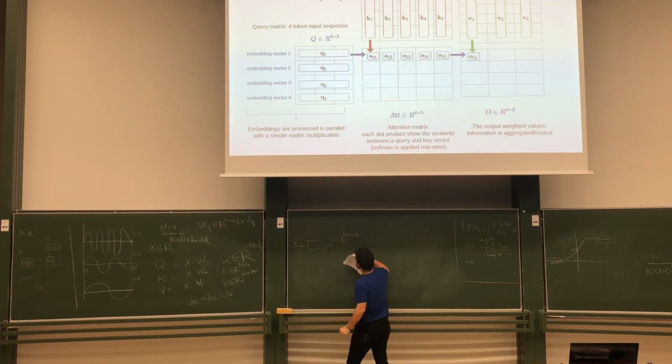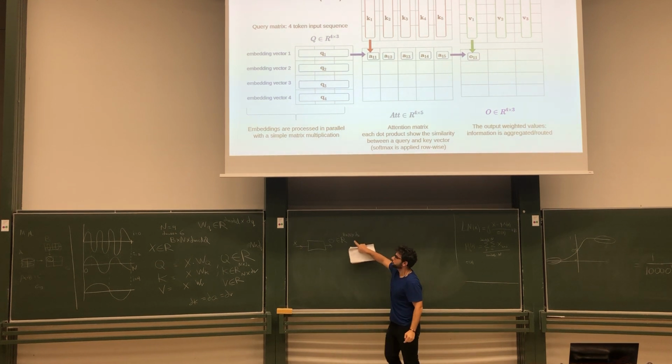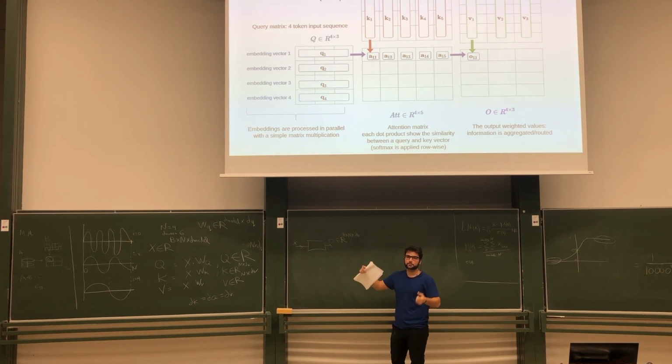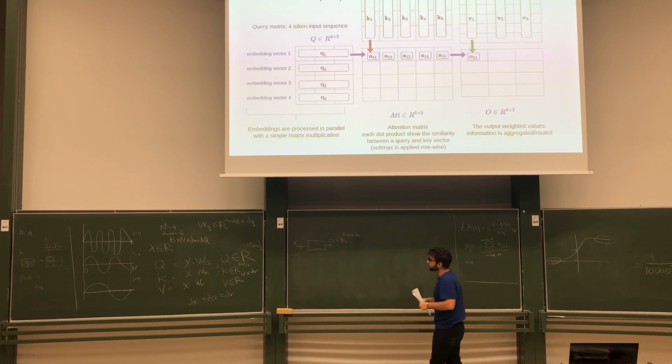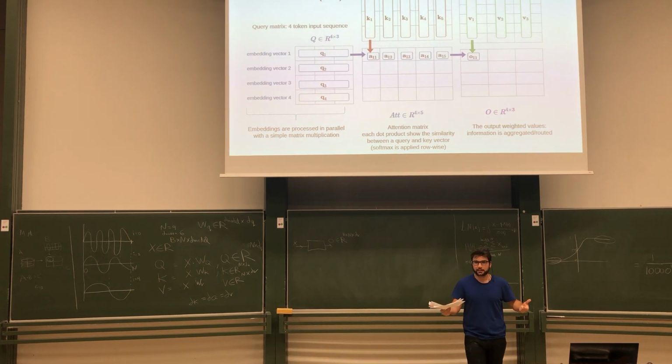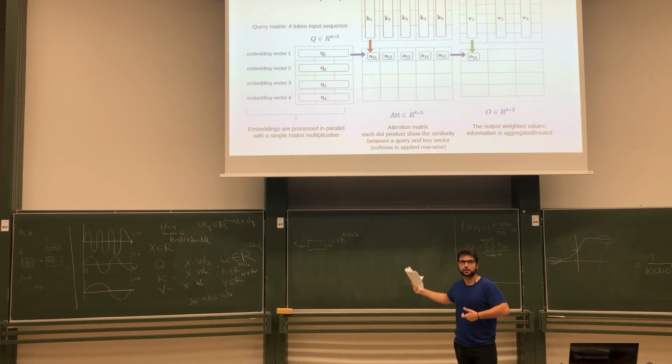So if we set dk to d model, we have the same size in the input and the output, which would be the exact case if we use the computations as we have previously described them.